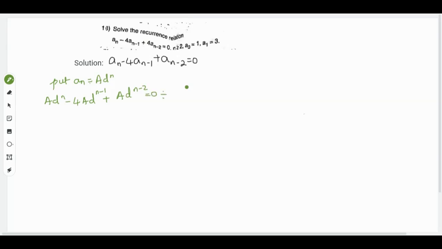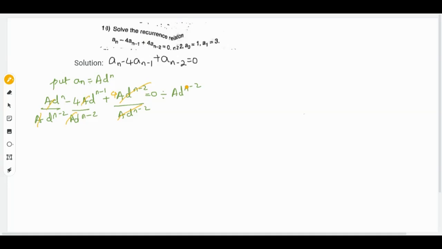Now divide by A d power n minus 2, the bigger power. So if we divide, this and this will get cancelled. We have 4 here, and this A and A cancel.